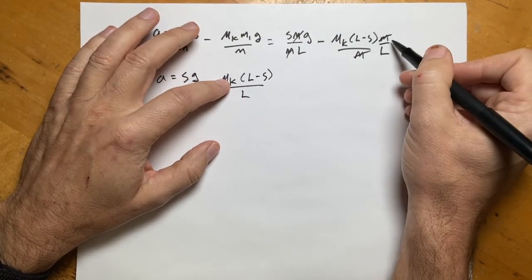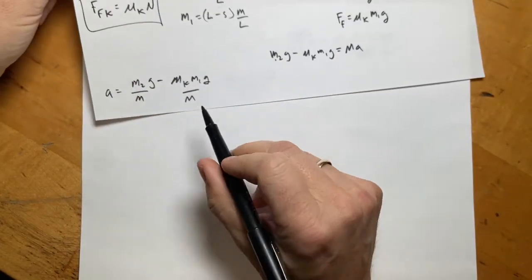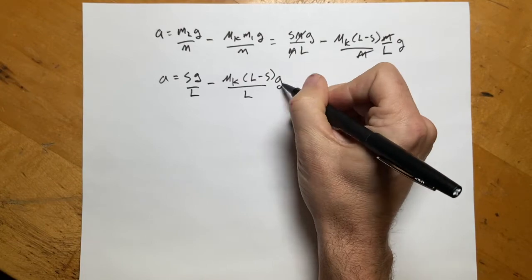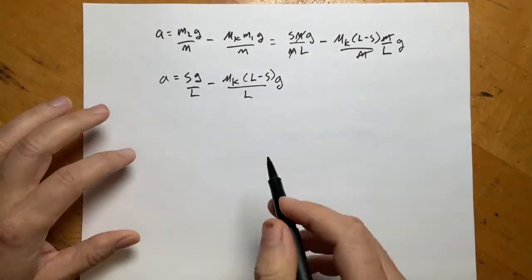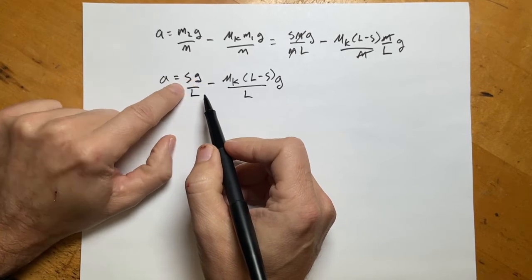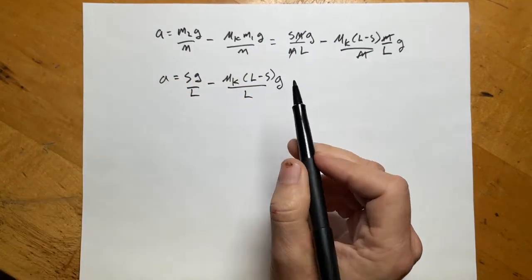There should be a G up here. There's a G. Yeah, because that has to have units. This has units of acceleration, meters per second squared, distance over distance, no units. So that's good.